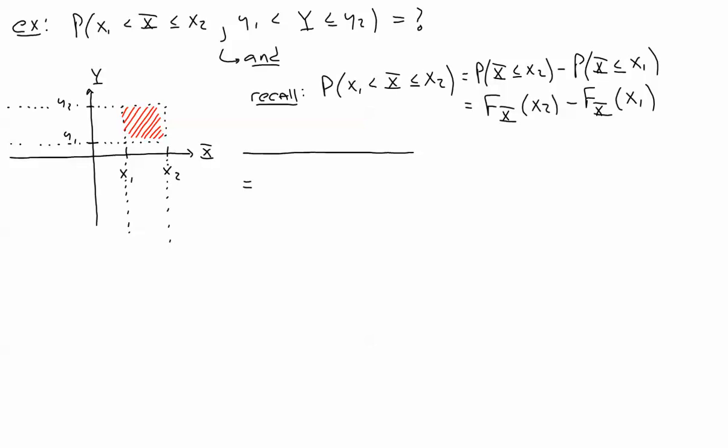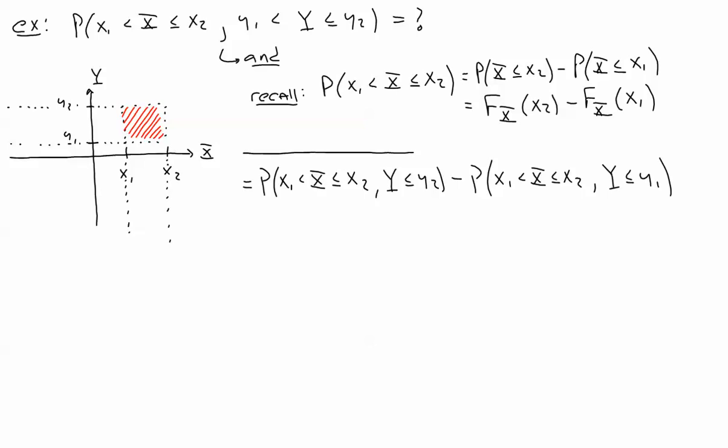My probability at the top of the page can be written as this. I can split up the probability of y lying in this range by subtracting these two probabilities.